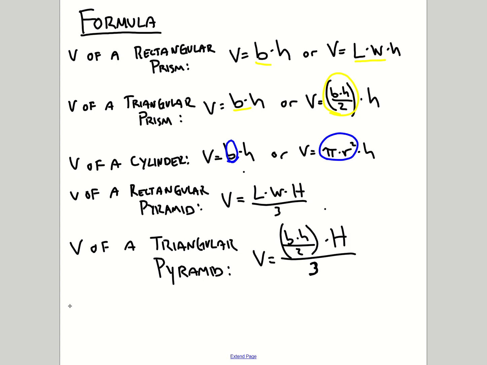And then we've got volume of a cone, which is volume equals pi times r squared times height. You guessed it, all divided by 3.